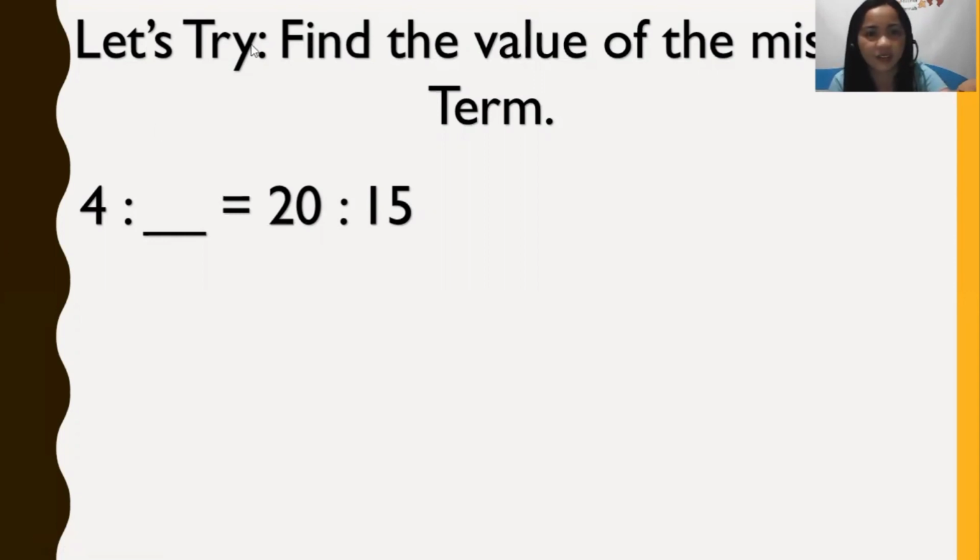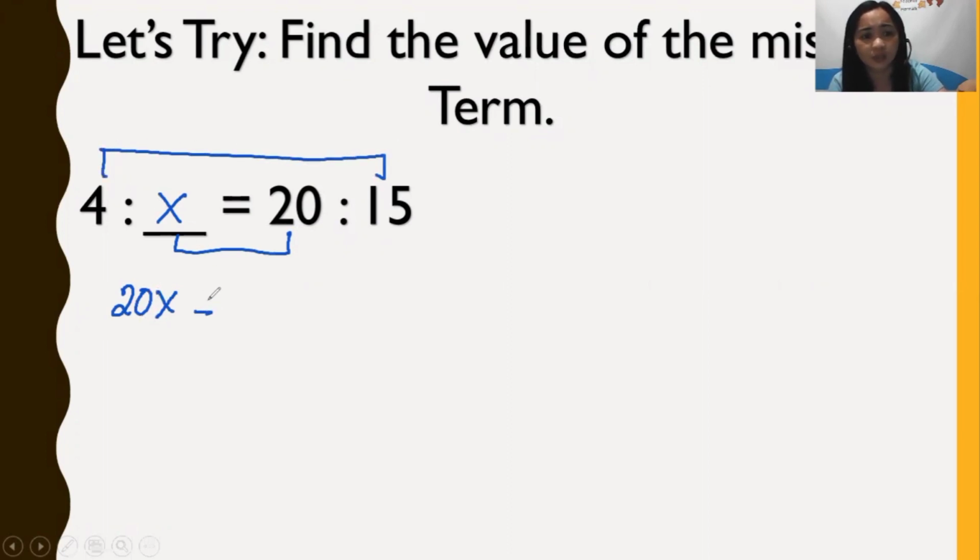Alright, let's see if you get the correct answer. Now, sabi ko kanina kapag merong blank, pwedeng lagyan ng x. So, we have here, 20 times x is 20x. And we have 4 times 15 is 60.